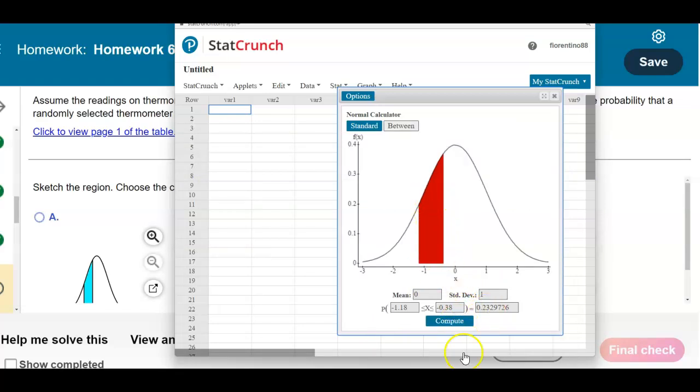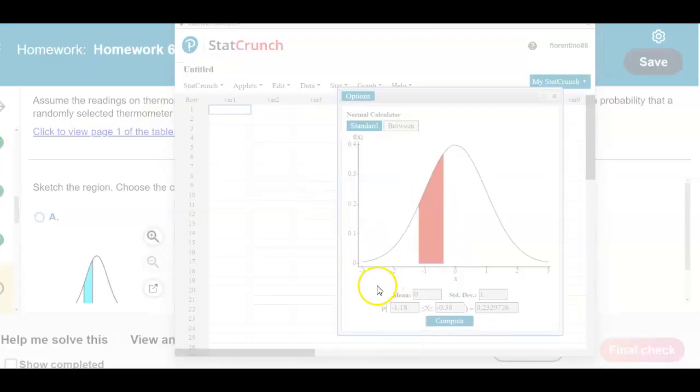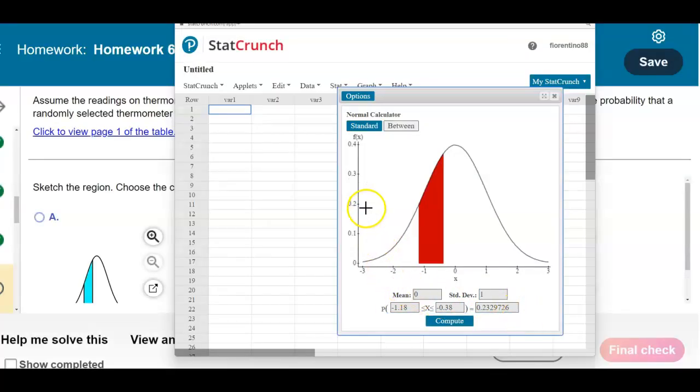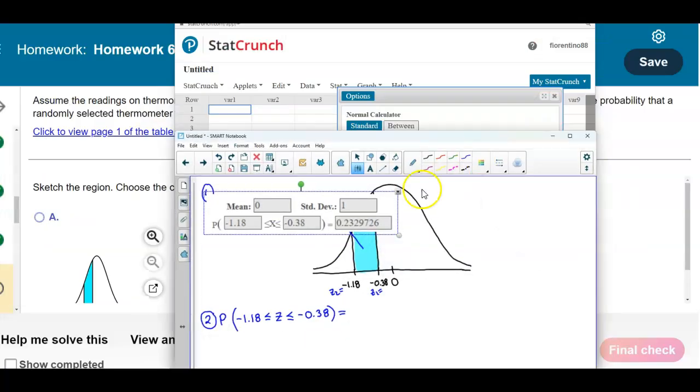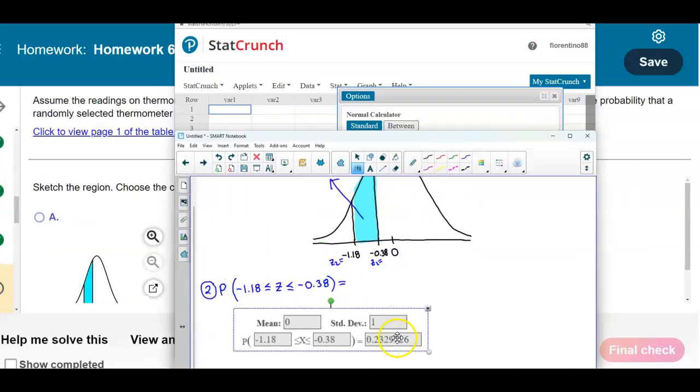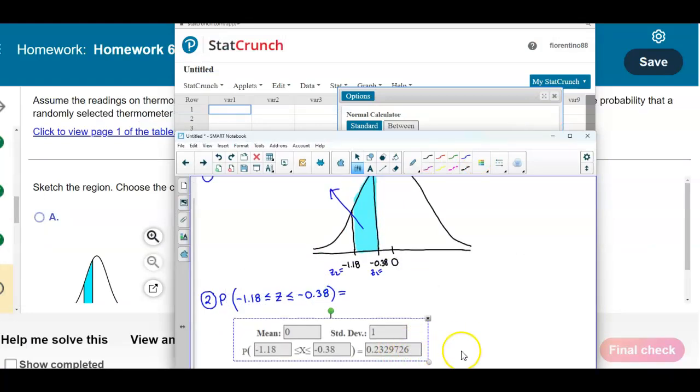And now it gives us the drawing that we had just sketched. Now let's take a look at that area. Rounding this to 4 decimal places, this is 0.2329, and we're going to round that 9 to a 0, which changes that 2 to a 3.